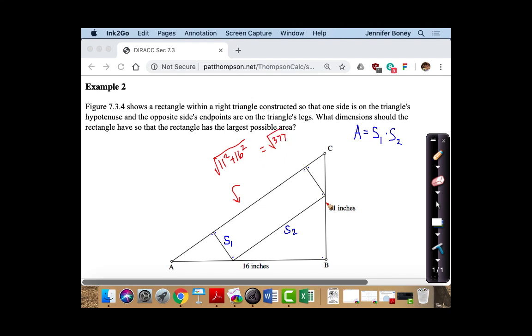I don't want to approximate it, so I'll just leave it as that. But the length of that hypotenuse in the large overall triangle, not just the length of that side of the rectangle, that would be nice if we did that, but the length of the hypotenuse in this overall triangle would be this, assuming I added correctly, 256 and 121, yeah, 377. The length of the hypotenuse is the square root of 377.